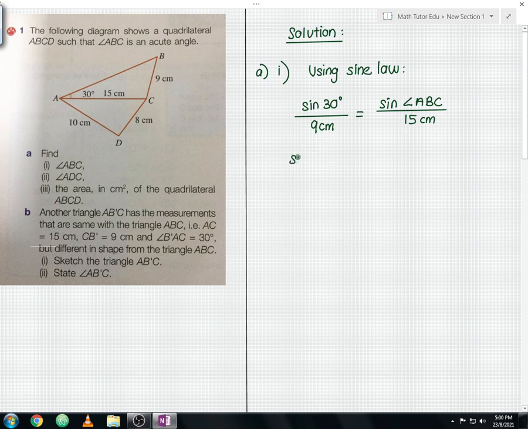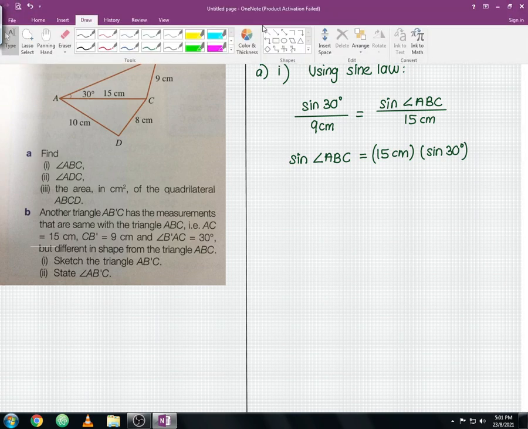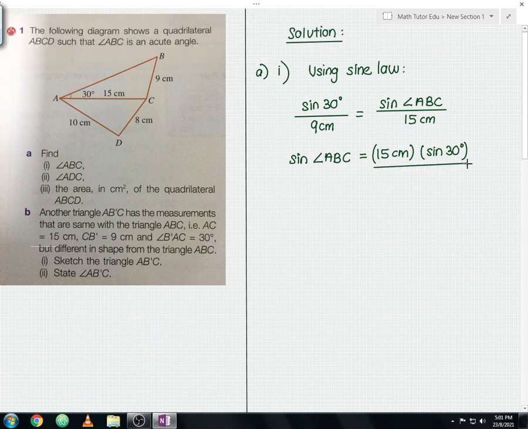So from here, sine angle ABC will be equals to 15 centimeter, and then you times with sine 30 degree, and then you divide with 9 centimeter. Let me underline the fraction. Nine centimeter. Let me copy paste this.